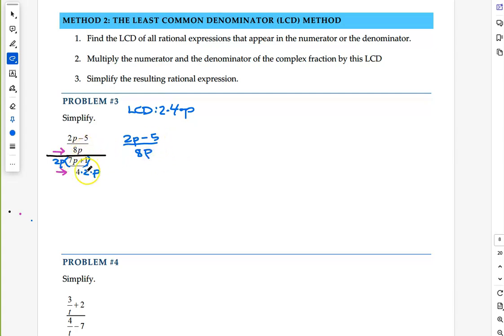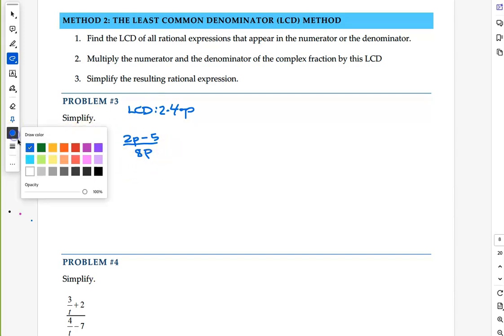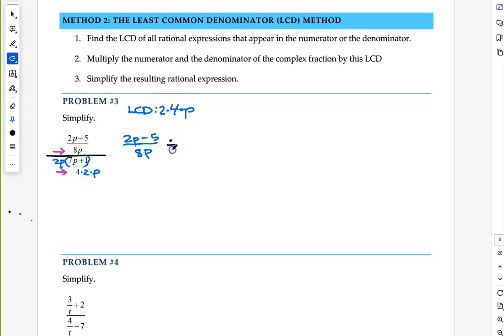All right. And now, I'm going to have this, and again, you could change it into a division problem if you wanted to, with the divide sign. So that's going to mean I need to distribute this 2p to everybody.